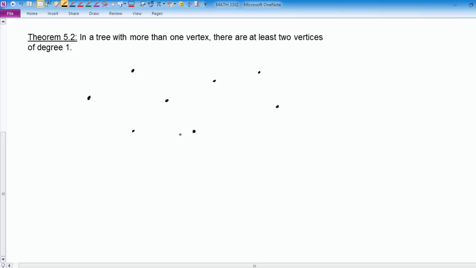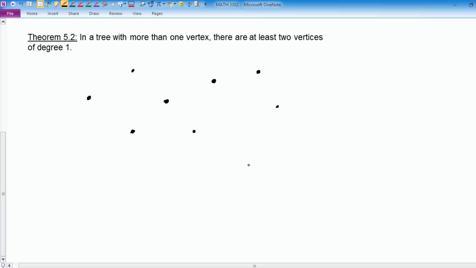But because there are a finite number of vertices, between any two vertices we only have one path. According to the previous theorem, there's only one simple path. So between this vertex and this vertex, there is only one path. Pick any two vertices, there is only one path.